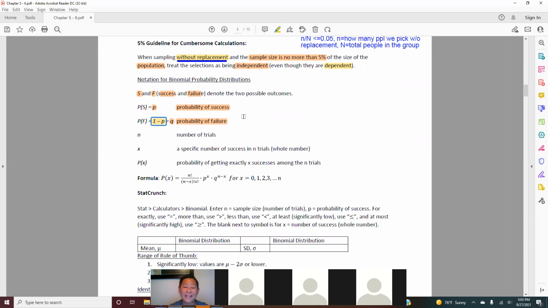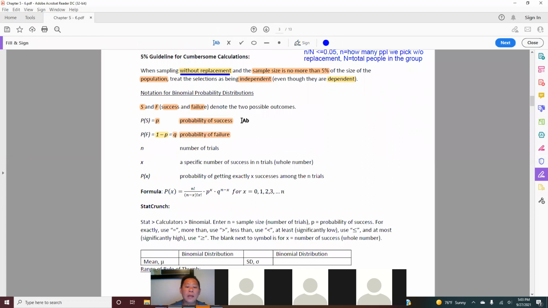Usually in the test or in the questions, they give you the probability of success. Let's say they say 43% of them is blue color. So the chance of you getting blue color is 43%. Can you tell me what is considered P? This is your P here.